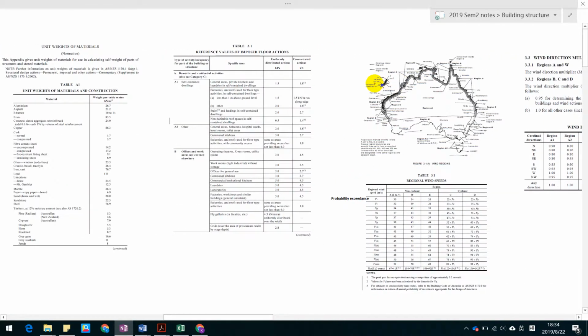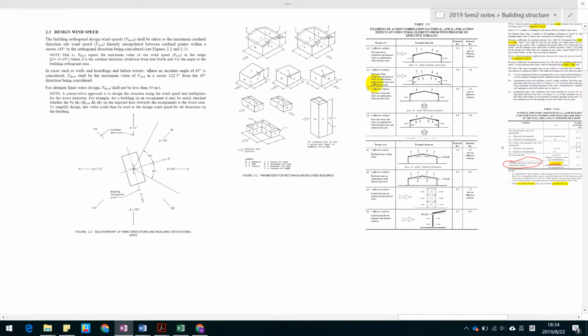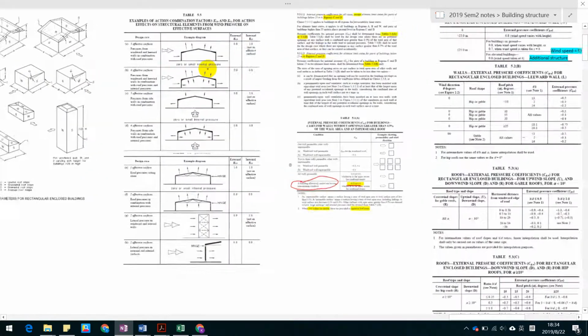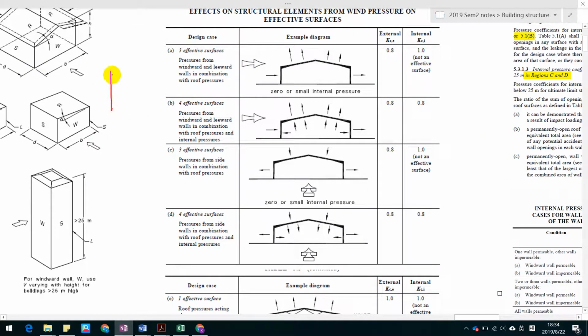I think it's here, because the thing is that this is the building we're dealing with, and the load comes in this way, and this is the portal frame that we're talking about. So in terms of that portal frame, the wind is coming in from the left hand side, and this is 4 effective surfaces, and that's why we pick the internal at 0.8, and correspondingly we have external at 0.8.